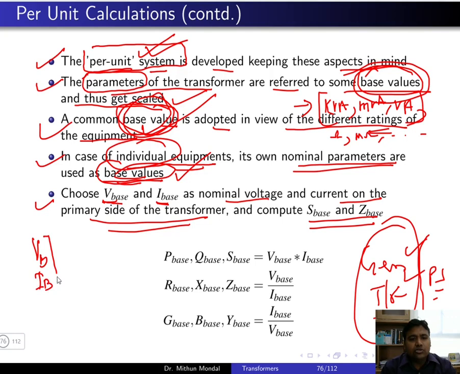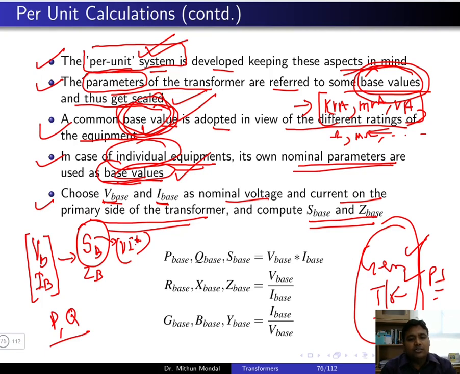Once you have chosen them, you can compute the base power and the impedance base. Remember, the base power is always the complex power, which is the product of voltage and I conjugate. So this is the complex power, and we will see how the real power and reactive power depend on the base element.